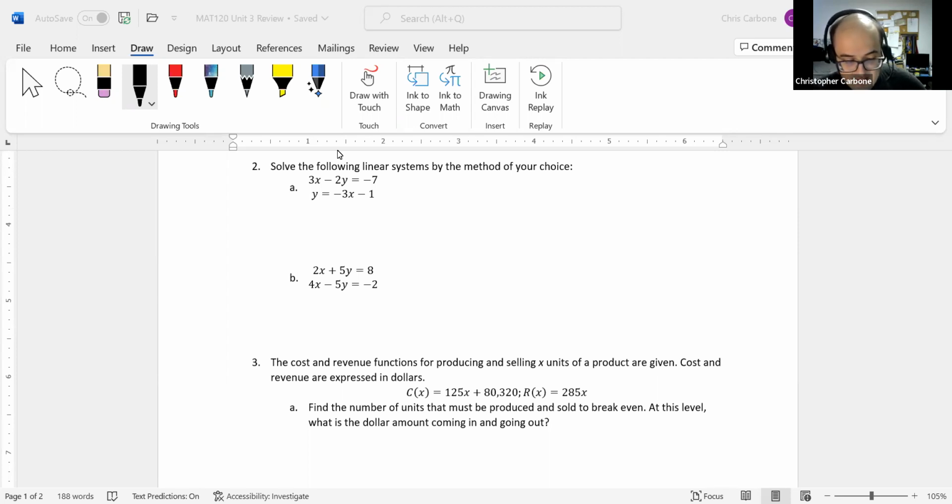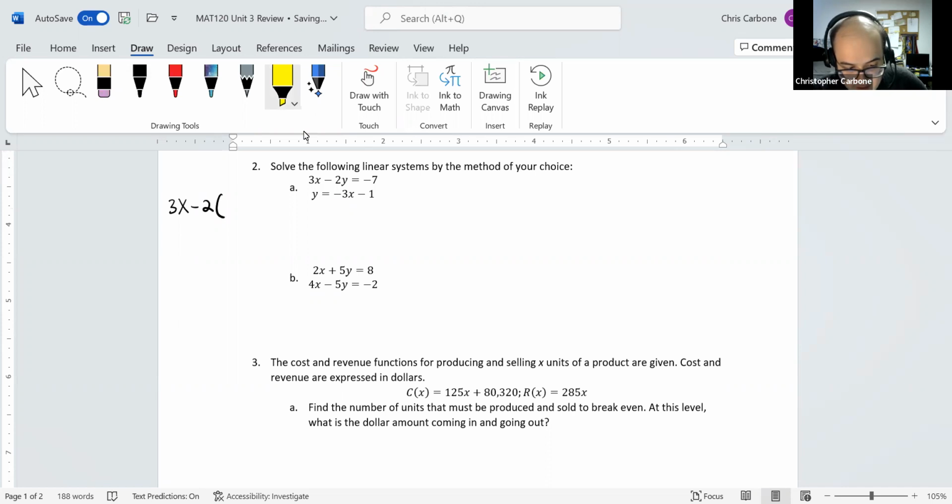So putting in what we have here for y into the first equation, this would be 3x minus 2 times what we have here for y, so that will be -3x minus 1, is equal to -7.